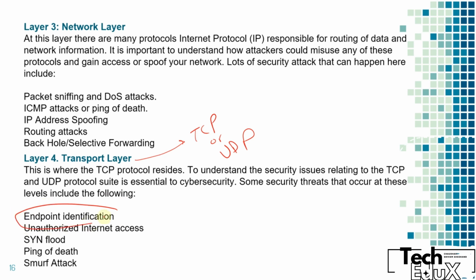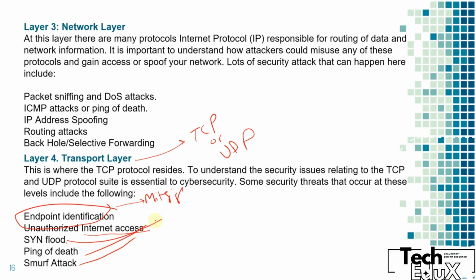By the way, this is not an attack, this is the mitigation. So endpoint identification is installed on your endpoint system to identify what kind of attacks are happening. Then we have unauthorized internet access, SYN flood, ping of death, smurf attack.